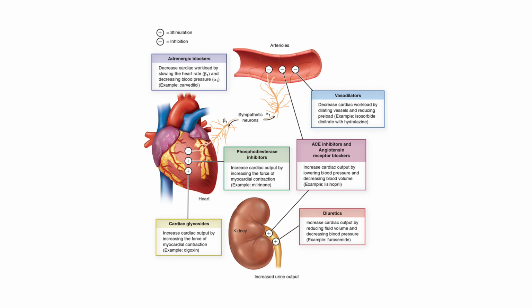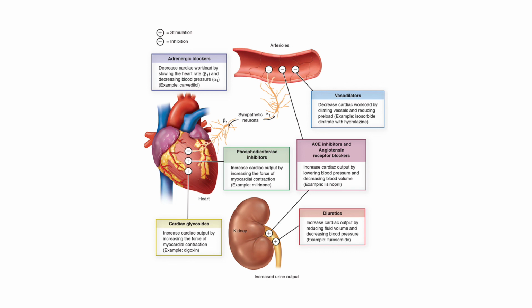It's also blocked aldosterone from being secreted. So that is going to have a diuretic effect because sodium and water aren't being reabsorbed, so a reduced plasma volume. So that's going to help with congestive heart failure, reduction of blood pressure, and reduction of circulating blood volume.